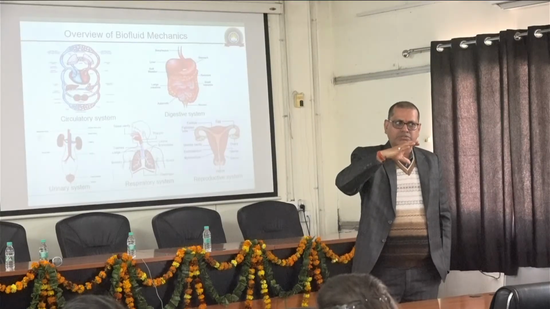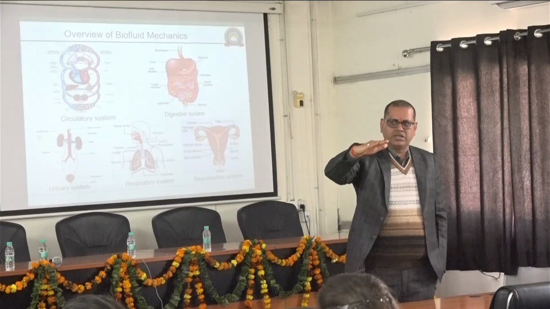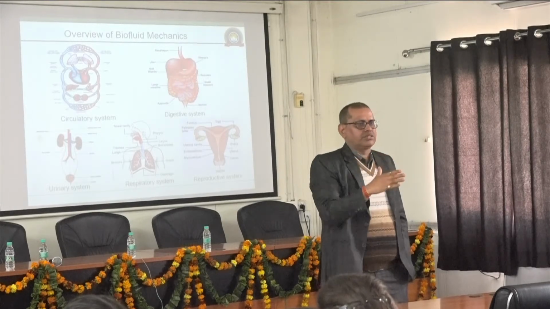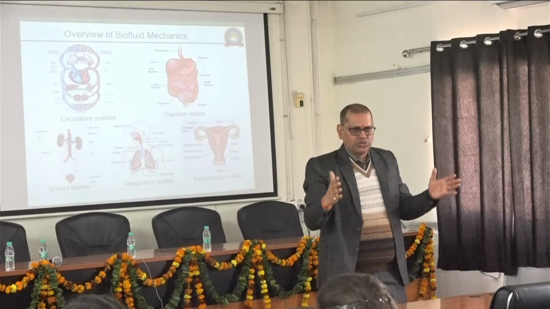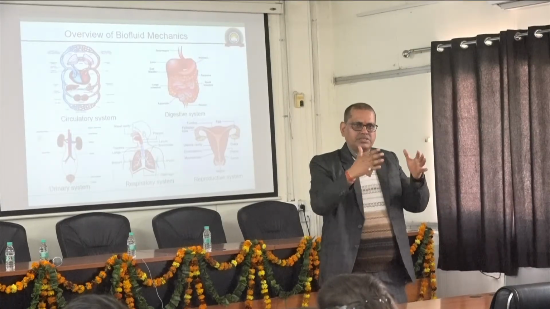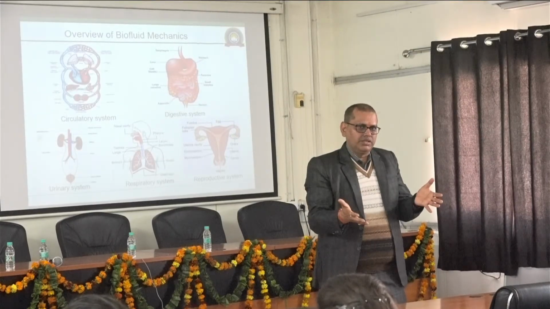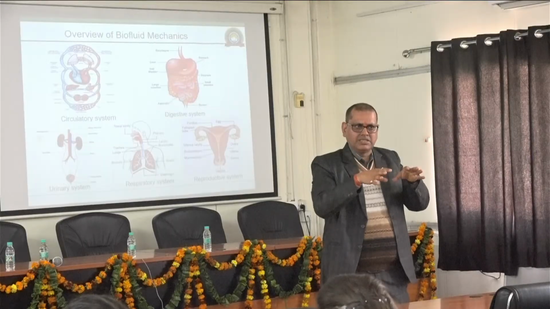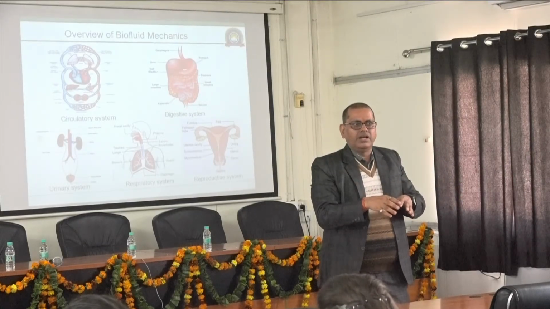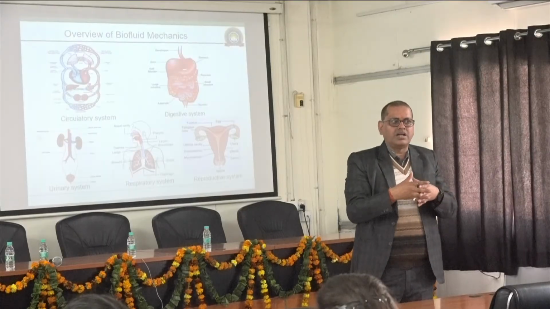So when you have the complete data set where the people are working, because different age groups, different people, different personalities have different mechanisms, different rheological properties of the blood. So it is not easy.